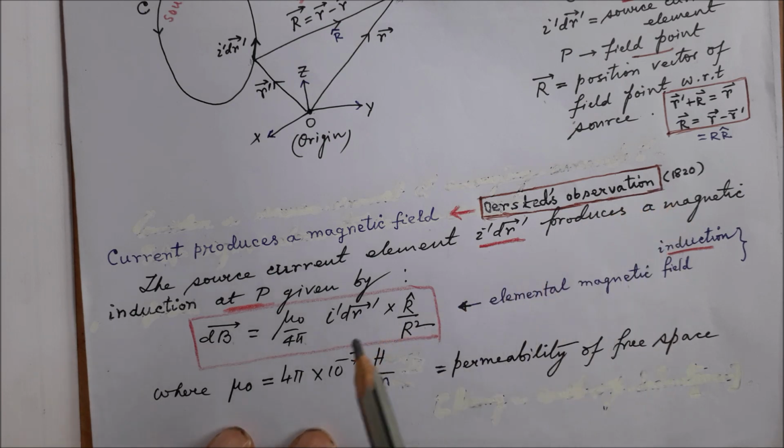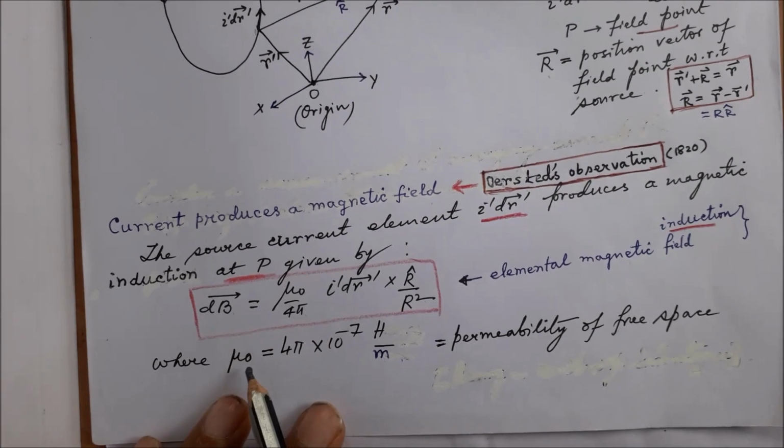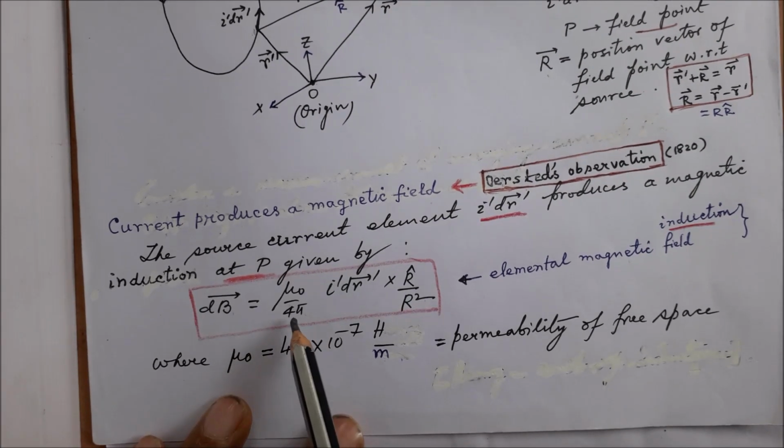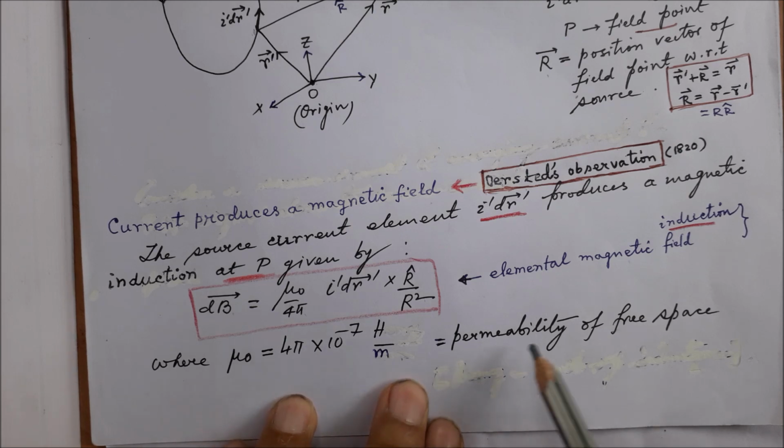Here too, the expression for the elemental magnetic induction contains a proportionality factor in SI units. It is mu 0 by 4 pi, where mu 0 has the value 4 pi times 10 to the power minus 7 Henry per meter and is called the permeability of free space.